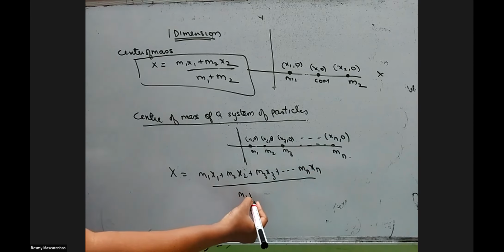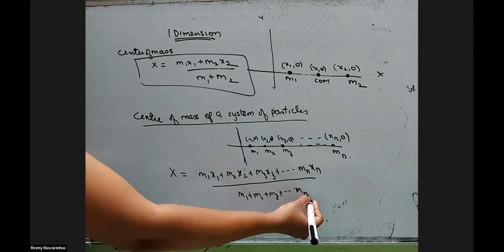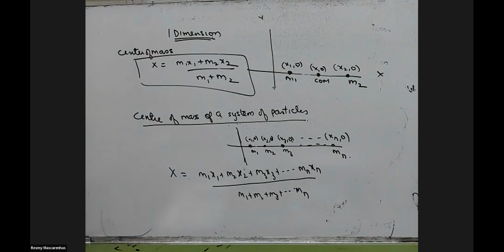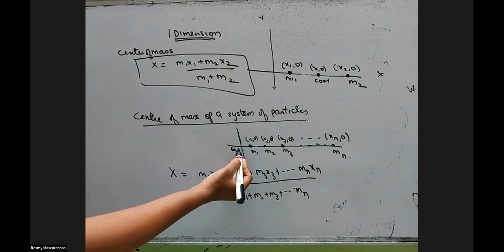Add all the masses. Based on how many particles are there, you have to keep adding. Basically mass into that distance. What is this x1? It is nothing but the distance from the origin.